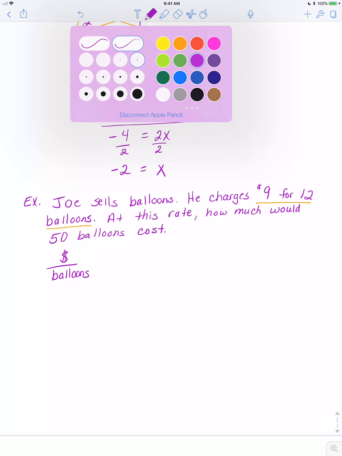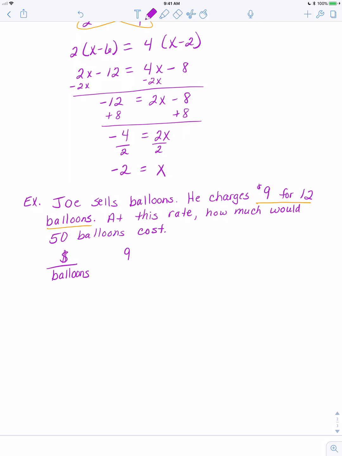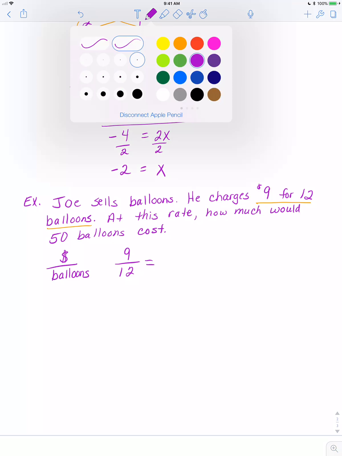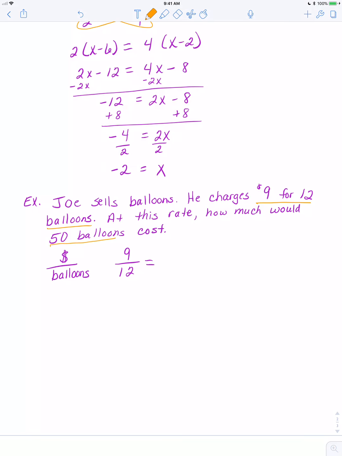So the money's going on top, so 9 is on top, balloons are on bottom, so that's 12. And that's the same ratio, and the other information that we're given is 50 balloons. Well, that needs to be on the bottom because we've got our balloons on the bottom. Therefore, our variable is the amount of money, so our x is on the top.